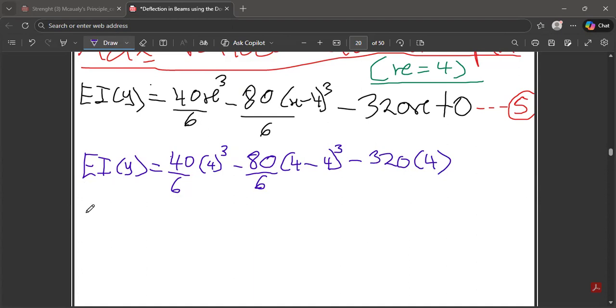At the end of the day, what are we going to get? We are going to get EIy to be equal to, let's quickly punch the whole of this and tell me the answer.